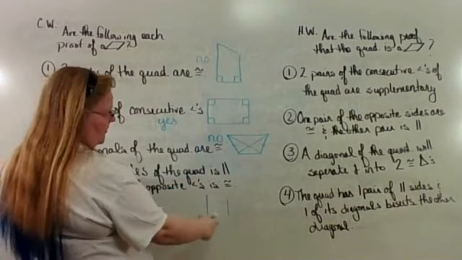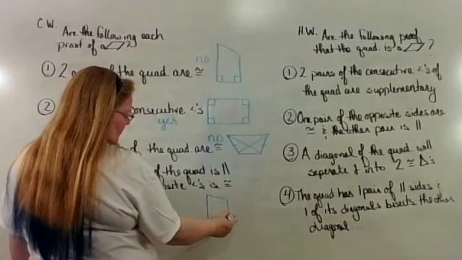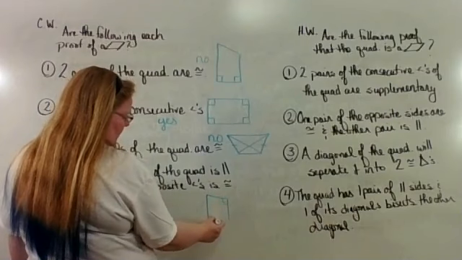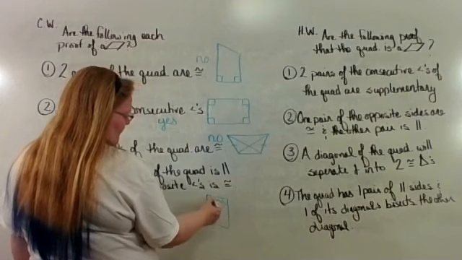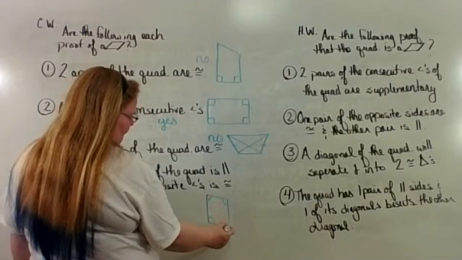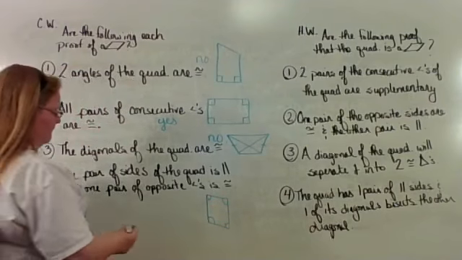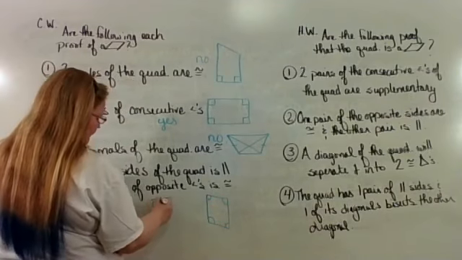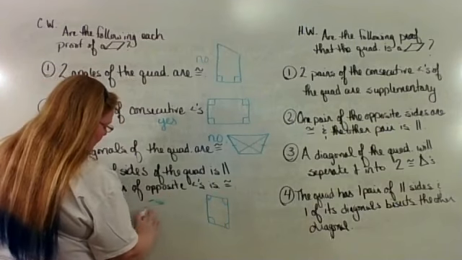See, I tried to draw it without it, but my opposite angles are congruent. So if this one's going to be a big angle, that means this one has to be a big angle. So it does end up being a parallelogram. Oops. Go to right, yes. That's enough proof.